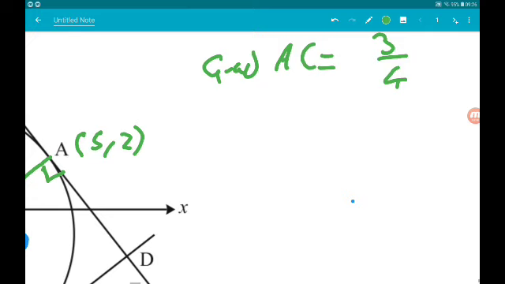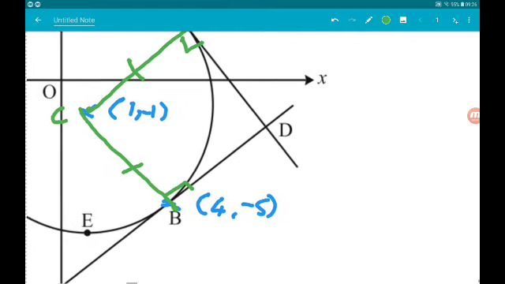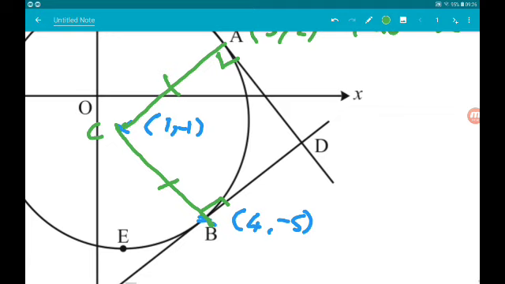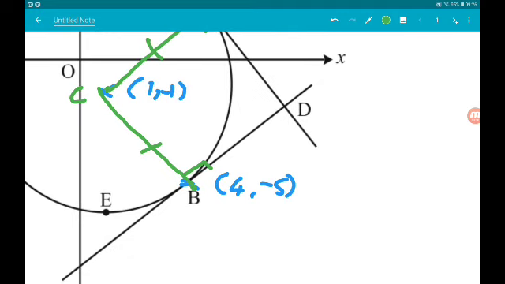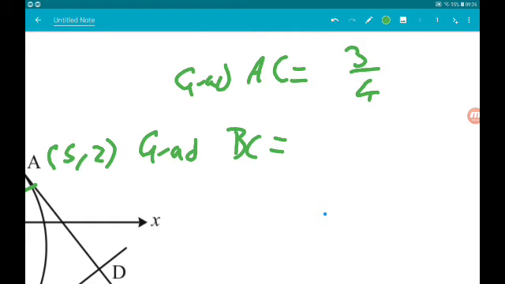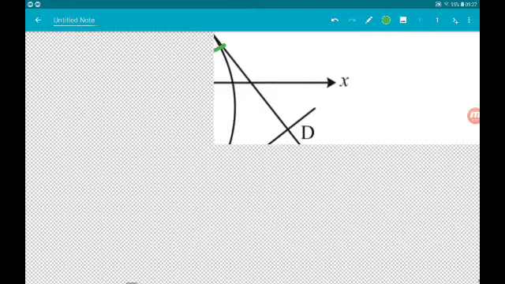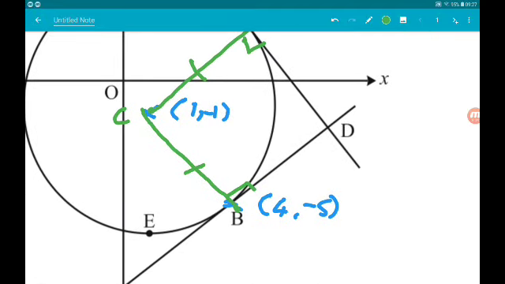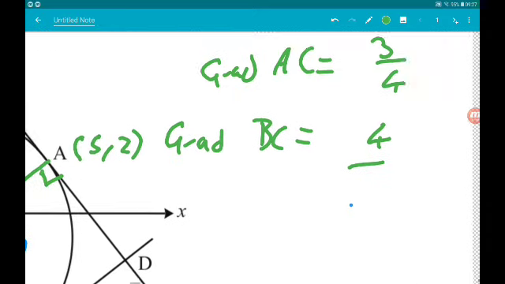Now the gradient of BC is minus 1 minus 5, so that's 4 over 1 minus 4, which is minus 3.